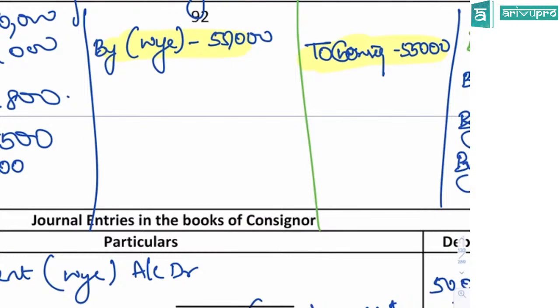Sir, sale entry, obviously you have to collect money from him, no sir? Because the money has to be collected by the consignee and given to you, no sir? So obviously the consignee is liable to pay you.